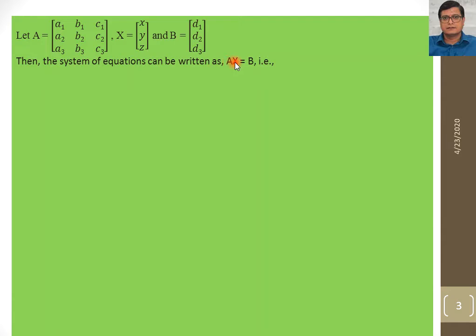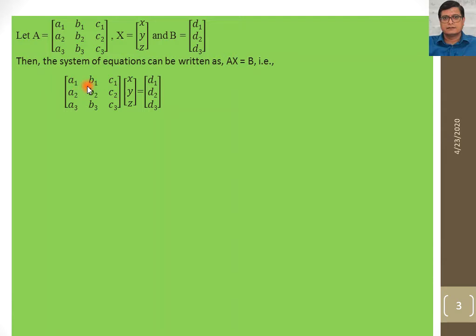A is a matrix, X is another matrix, so A into X is equal to B. So how can we express this in matrix form? Matrix A is here, with all its elements. Similarly matrix X is also there, containing three elements x, y, z, and matrix B also containing d1, d2, d3. Now we know how to find the product of two matrices.